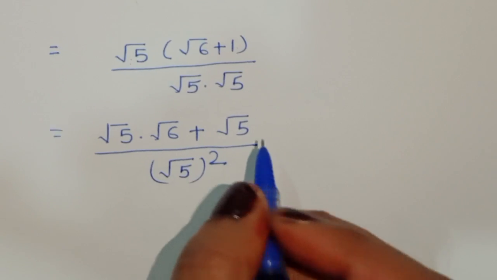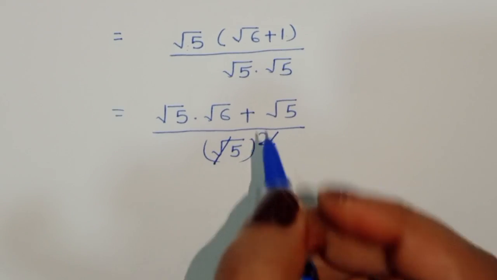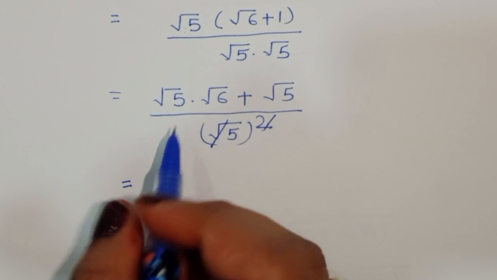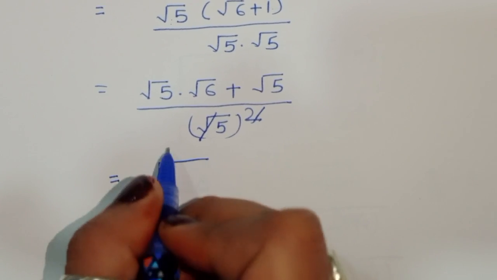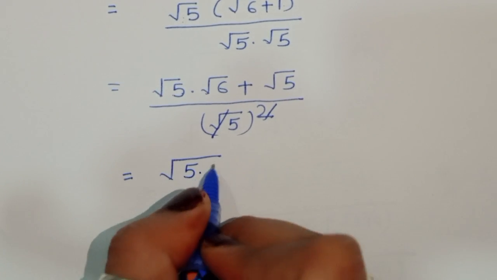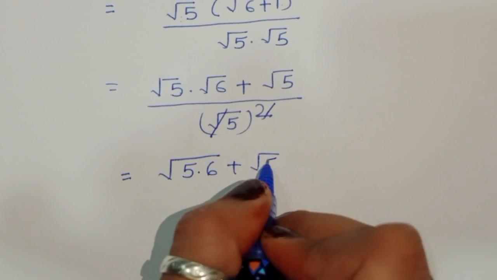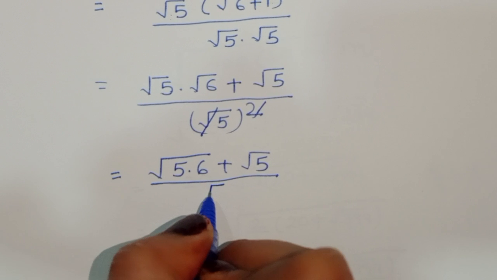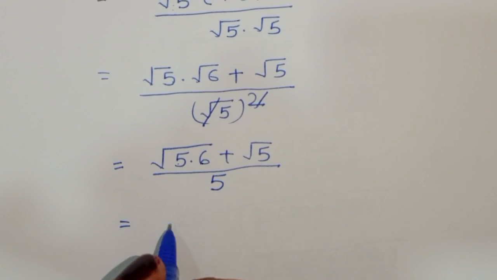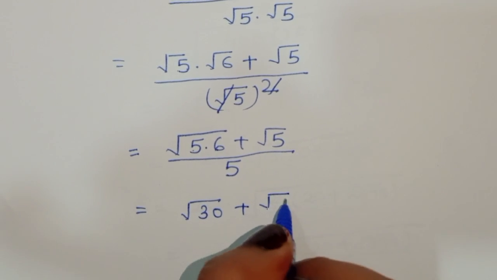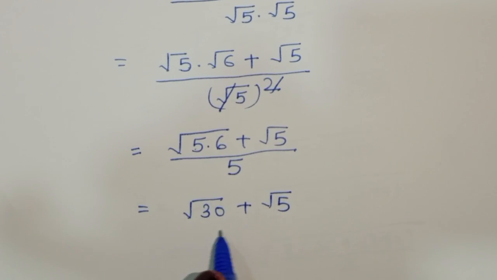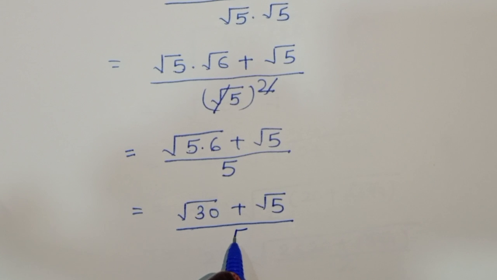The square cancels the square root. Square root of 5 times square root of 6 is square root of 30, so we get square root of 30 plus square root of 5 divided by 5, and this is the solution.